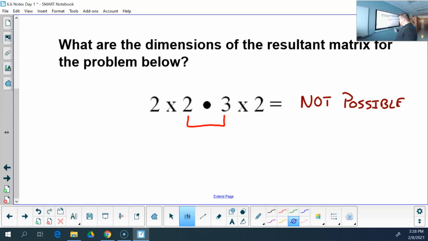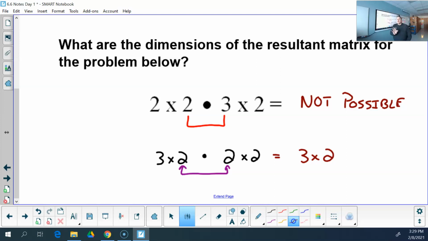If we switched them, however, if I took the matrix that was originally on the right and multiplied it by the matrix that was originally on the left, now these two numbers are the same, and that result would be a 3 by 2 matrix. So order matters in matrix multiplication. Can't get around it. Order matters in matrix multiplication.